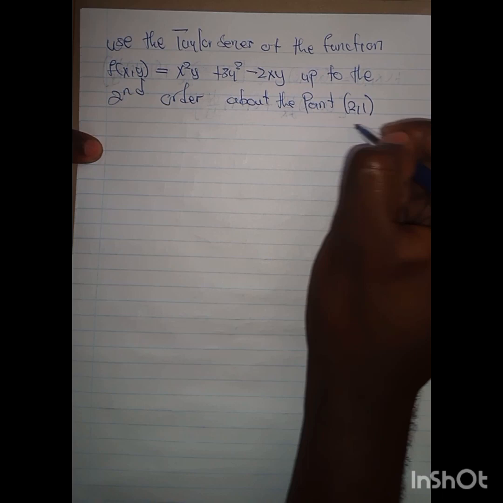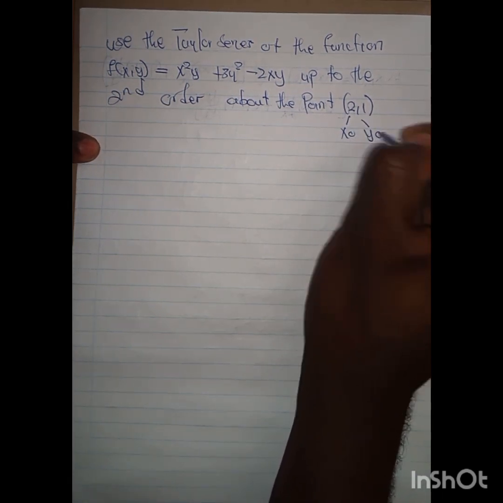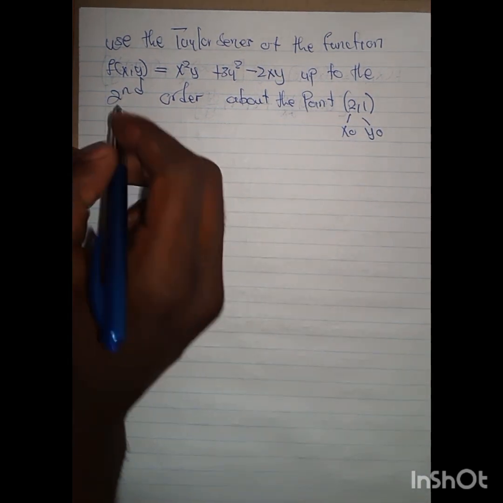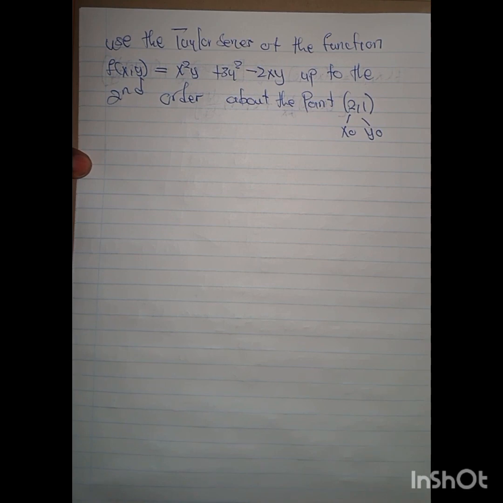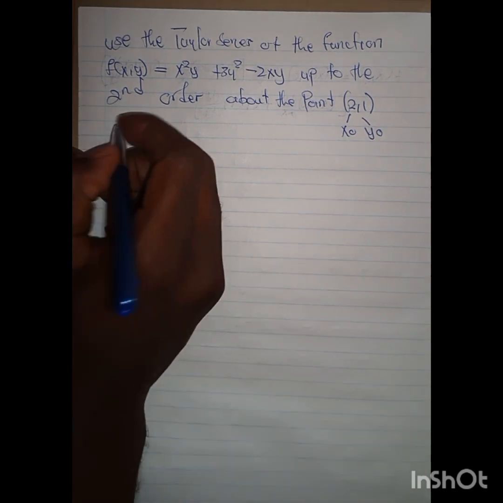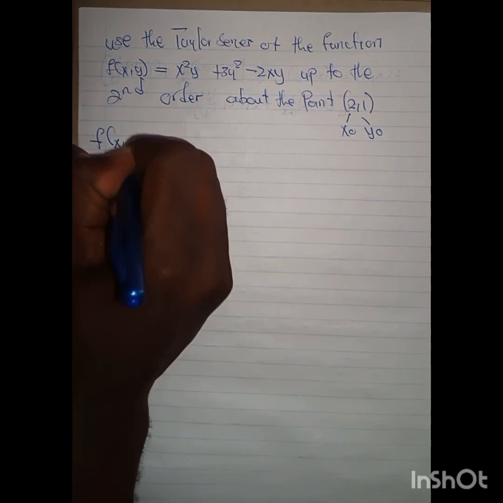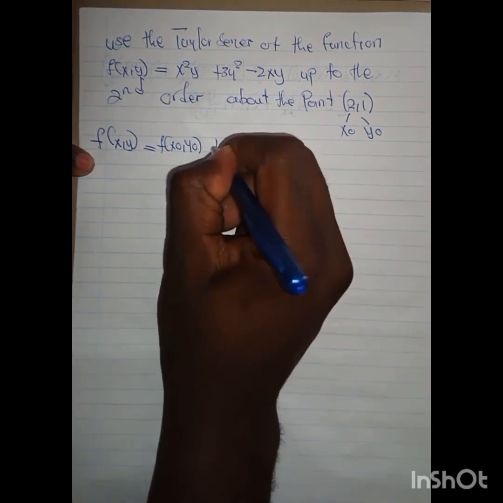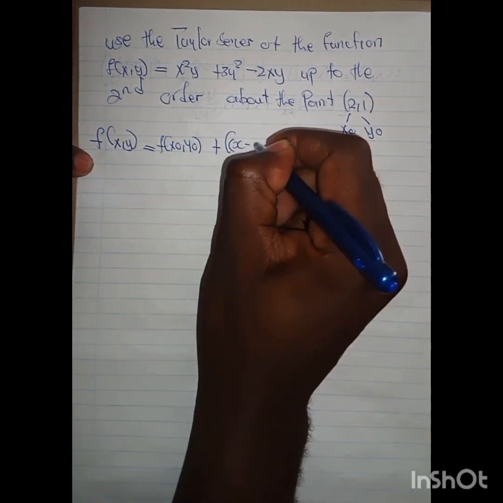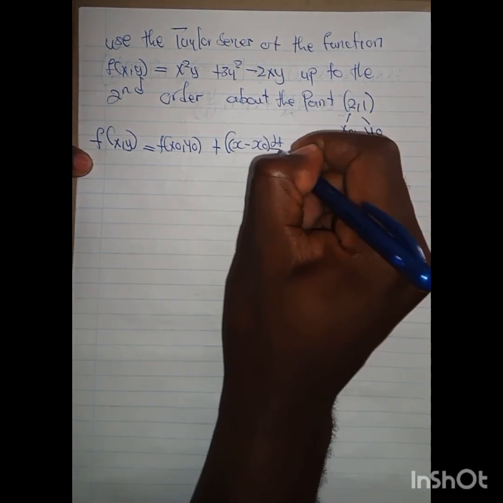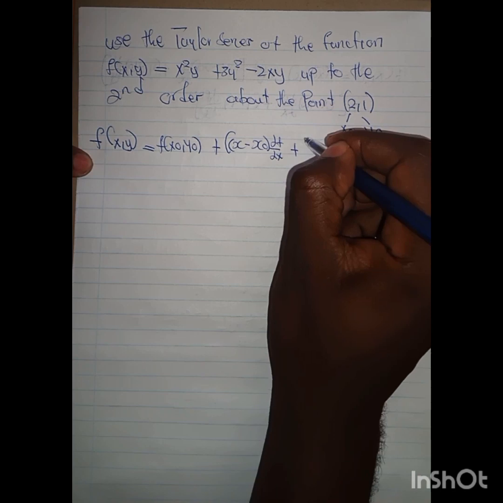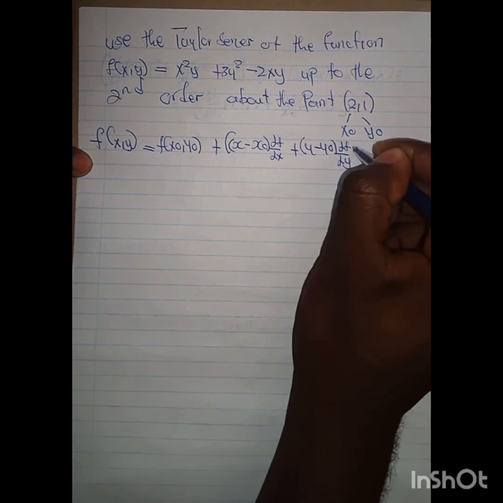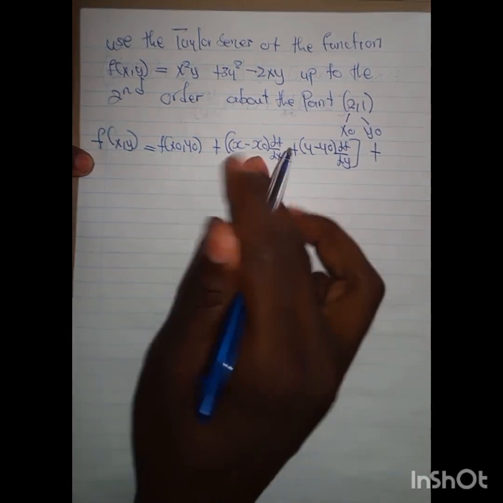So this time around, when we check the point given, x0 and y0, it's not 0 and 0. And it's a two variable function. So which means this is the following equation that we are going to use. So we'll have f of x naught y naught plus x minus x naught df dx plus y minus y naught df dy, and this one is for the first order.